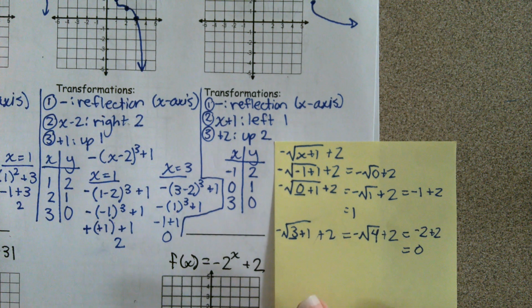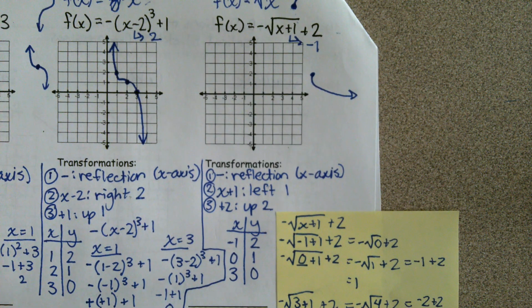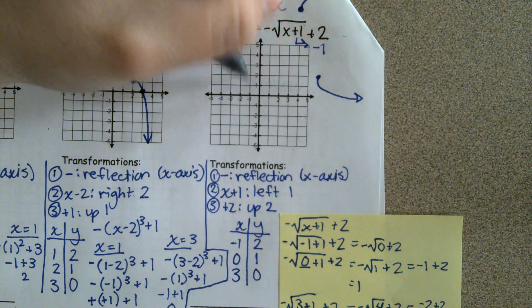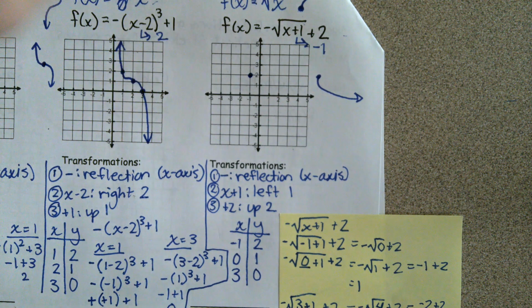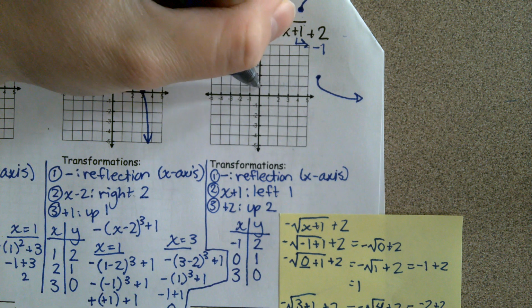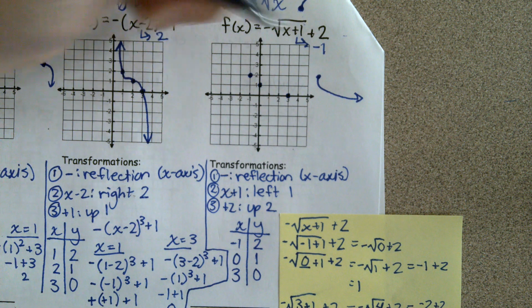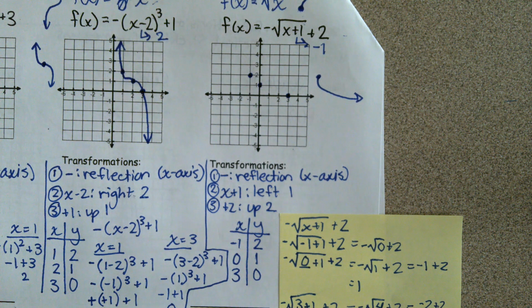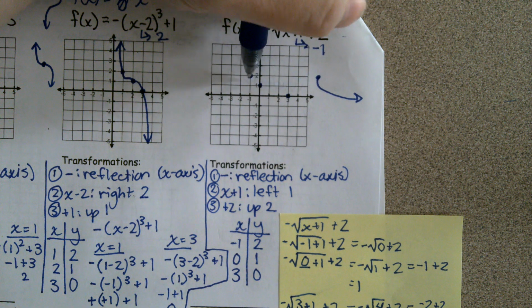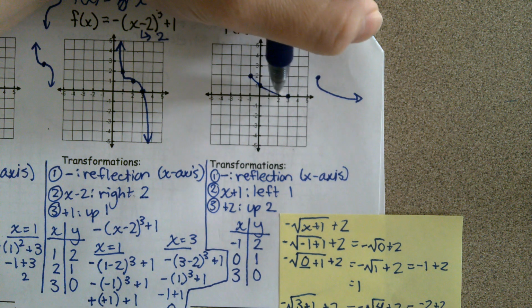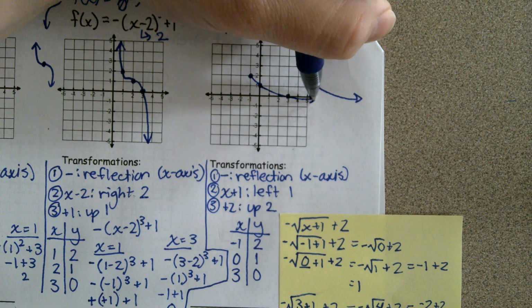Now let's graph these 3 points. Negative 1, 2. 0, 1, and 3, 0. And then as you can see, here's my starting point, and then it's going to go off and to the right.